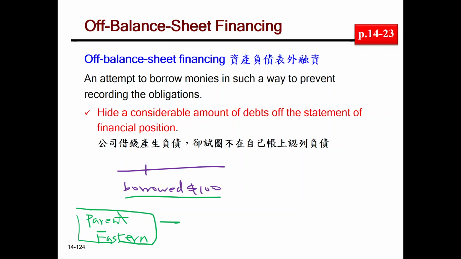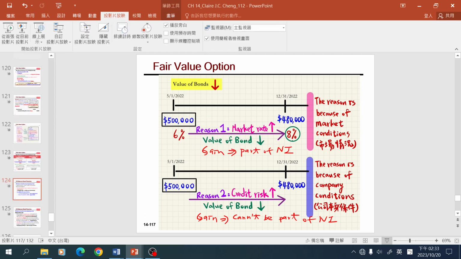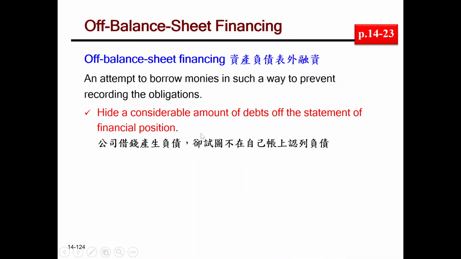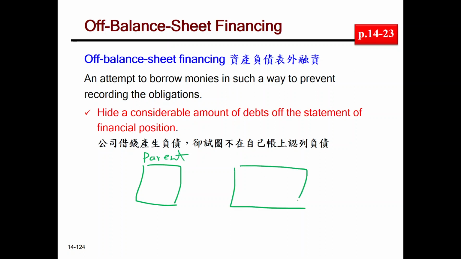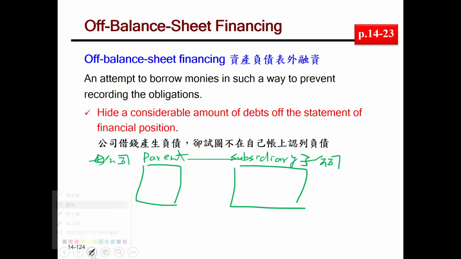So for parent and subsidiary, I'm the parent, and I don't have liability, but Eric is the subsidiary, 子公司. Parent, 母公司. I ask the subsidiary to do that for me, so they have a liability of $100.